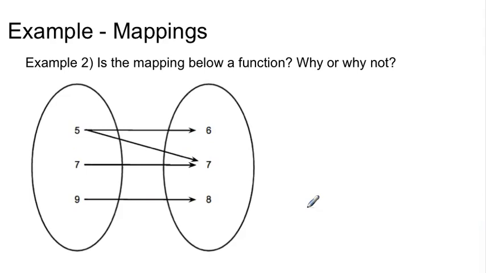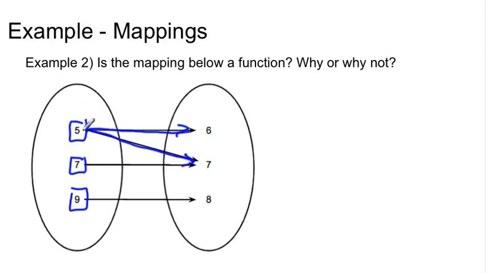For instance, let's take this one. Is this mapping representative of a function? Why or why not? So again, I break it down into each element of the domain, and then I want to look at the connections. So for each element of the domain, does it connect to one and only one element of the range? Well, 5 connects to 6 and 7.